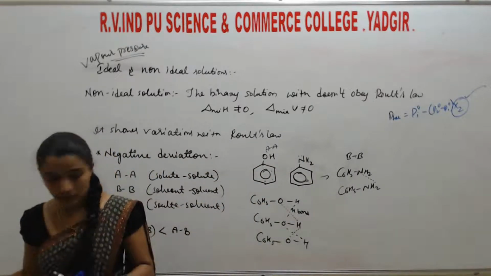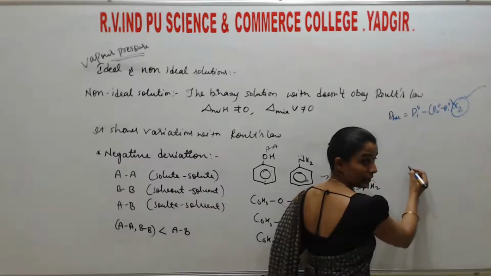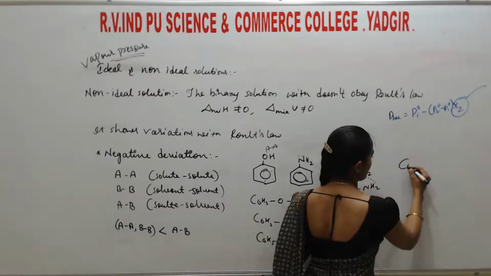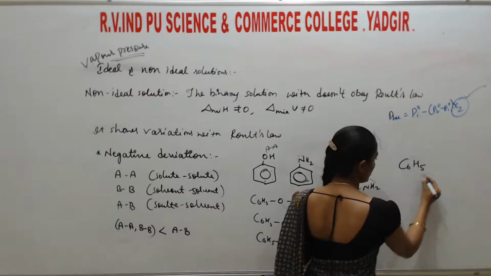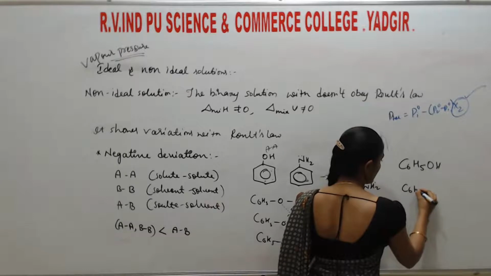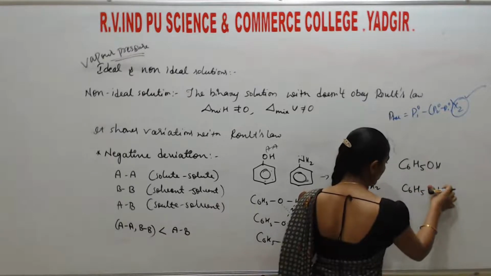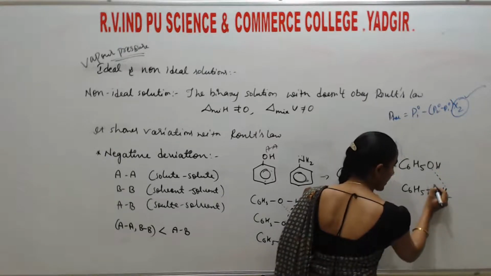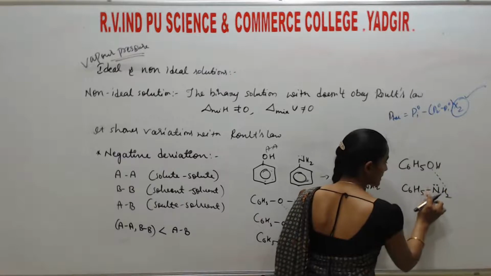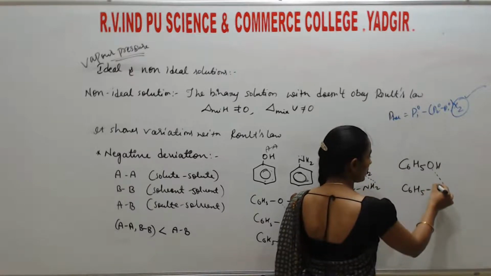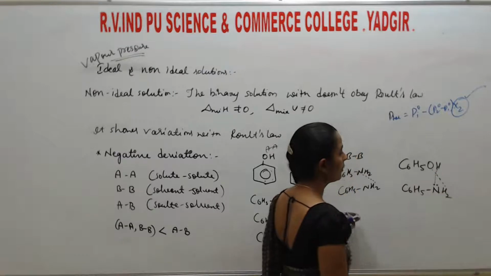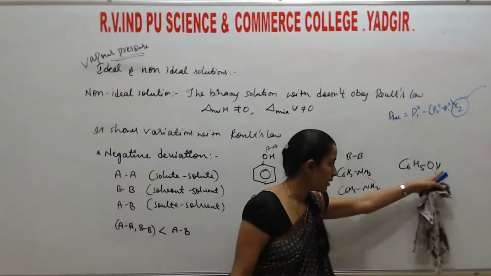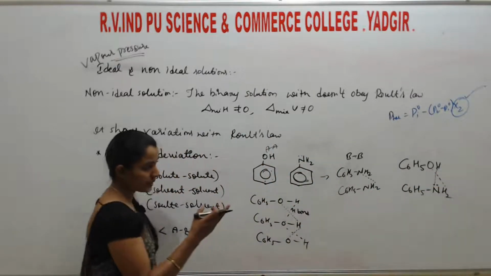If we mix them with each other, phenol C6H5OH and aniline C6H5NH2, students, here it forms a hydrogen bond, and the lone pair of electrons present on nitrogen has the ability to form a bond with the hydrogen of phenol. Here electrons are there, here hydrogen is there, so they form easily.